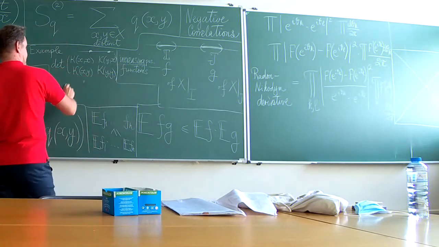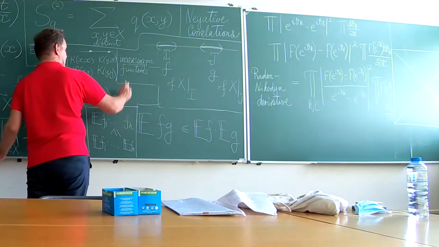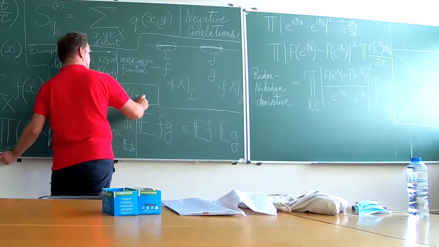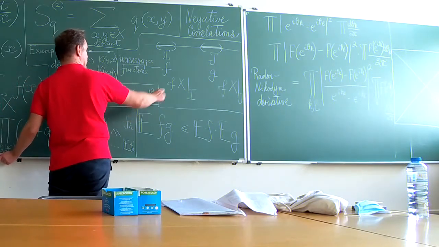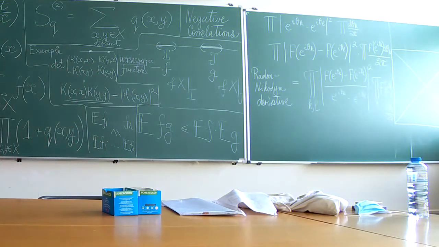So this is equal to kxx kyy minus kxy squared, so it is less than the product of the probabilities, right? So the fact that there is a particle at a given site is less probable once there is a particle at the opposite. It's less probable. Have I answered your question?